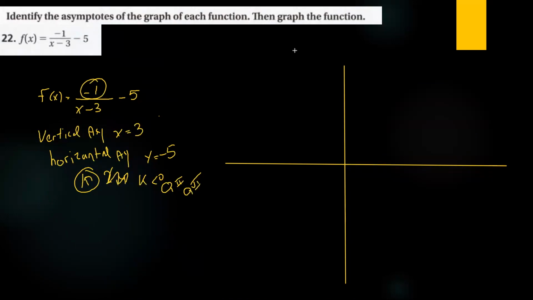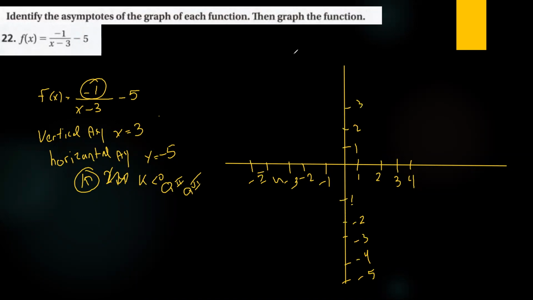So let's see. First step, let's draw. What did we have? 1, 2, 3, 4, negative 1, negative 2, negative 3, negative 4, negative 5, and 1, 2, 3, 4, and 5.